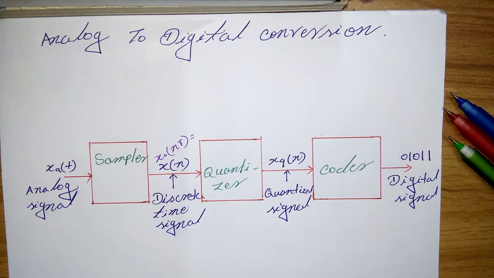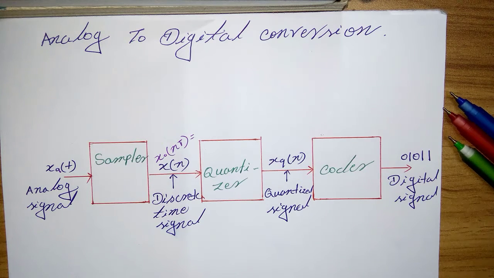Next one is the quantizer. So what is quantization? This is the conversion of a discrete time continuous valued signal into a discrete time discrete valued signal.